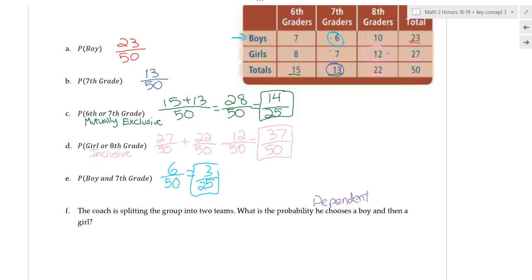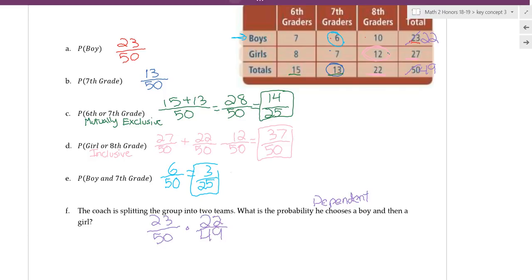So I'm going to choose a boy, and there's 23 out of 50 boys. I've chosen that boy, so both my number of boys and my total has changed. Sorry, I'm choosing a girl next.